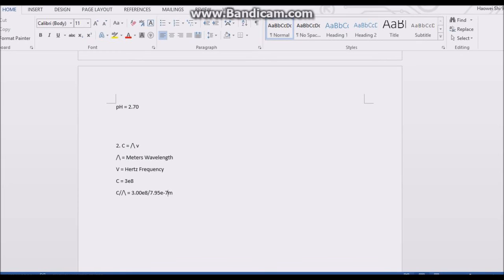All right. So we yielded a frequency of 6.06 times 10 to the 14th Hertz, which is s-1 in this manner.